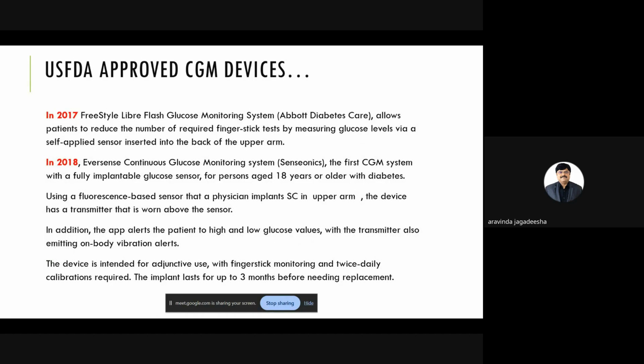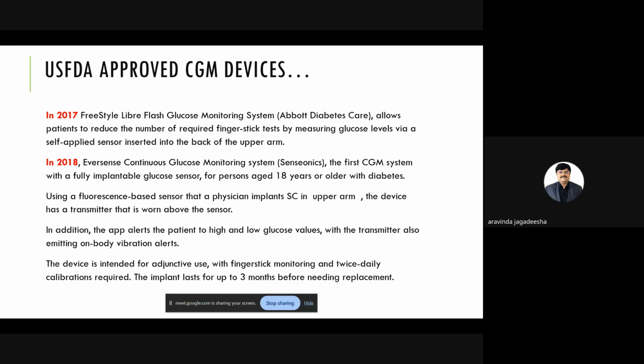In 2017, the FreeStyle Libre flash glucose monitoring system from Abbott Diabetes Care allowed patients to reduce the number of required finger sticks by measuring glucose level via a self-applied sensor inserted into the back of the upper arm.